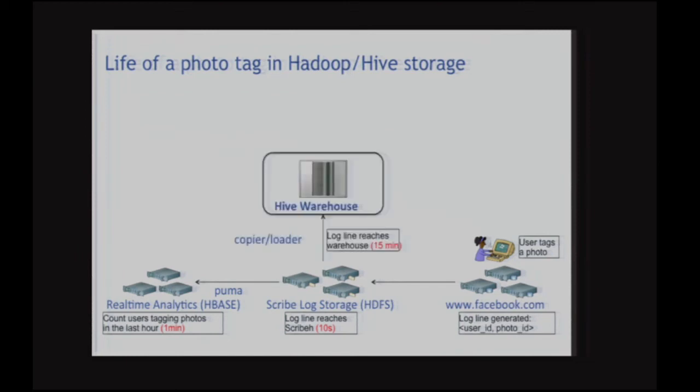And then the data gets copied into a big Hive data warehouse. There, the copying is around 15 minutes, but some of them are less, and some of them are slightly more. So we keep copying data from, so we have plenty of these all over in our front-end data centers, and all of them copy data into one central warehouse.